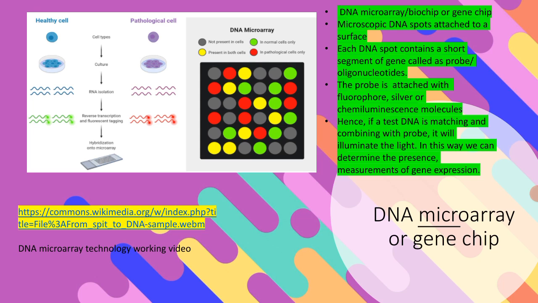Therefore the probe is attached with the fluorophore, silver molecule or chemiluminescence molecules. If a test DNA matches and combines with the probe, it will illuminate the light, and in this way we can determine the presence and the measurement of the gene expressions.